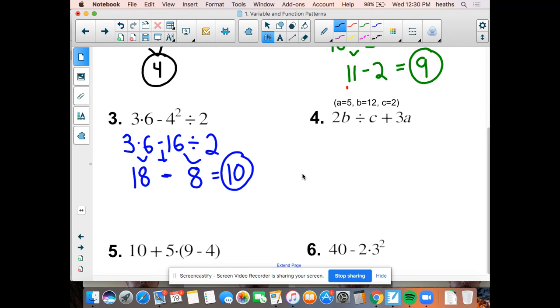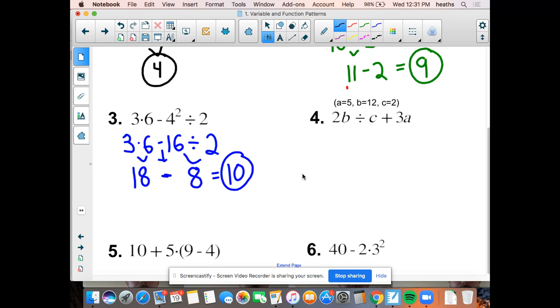And you also have the same thing for 3a. Whenever there is not an operation and you have a number and a variable next to each other, assume that is multiplication. So what this problem is actually saying is 2 times b, and at the end where it says 3a, that actually says 3 times a.